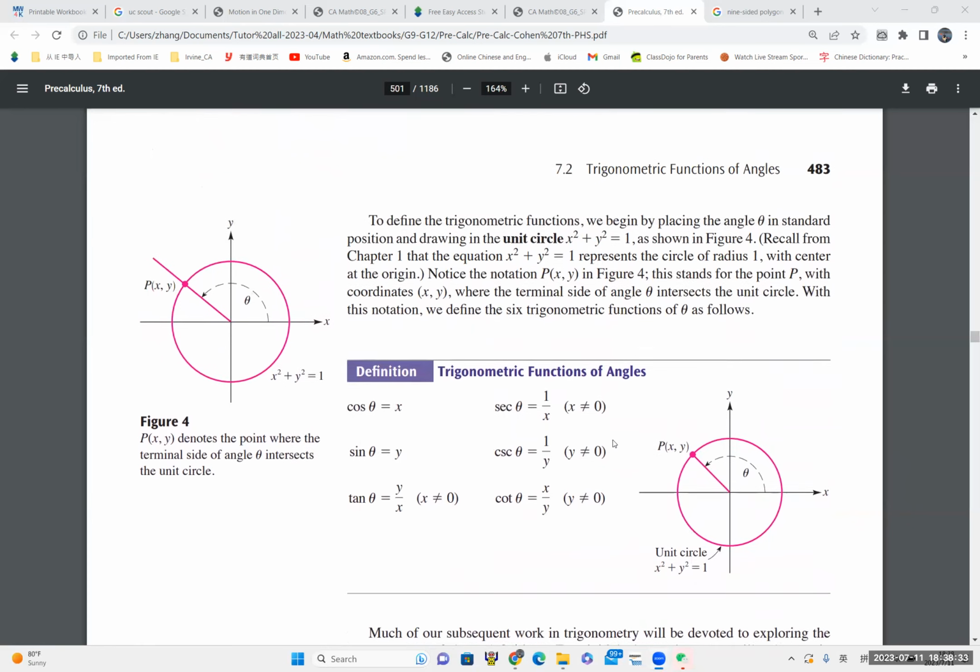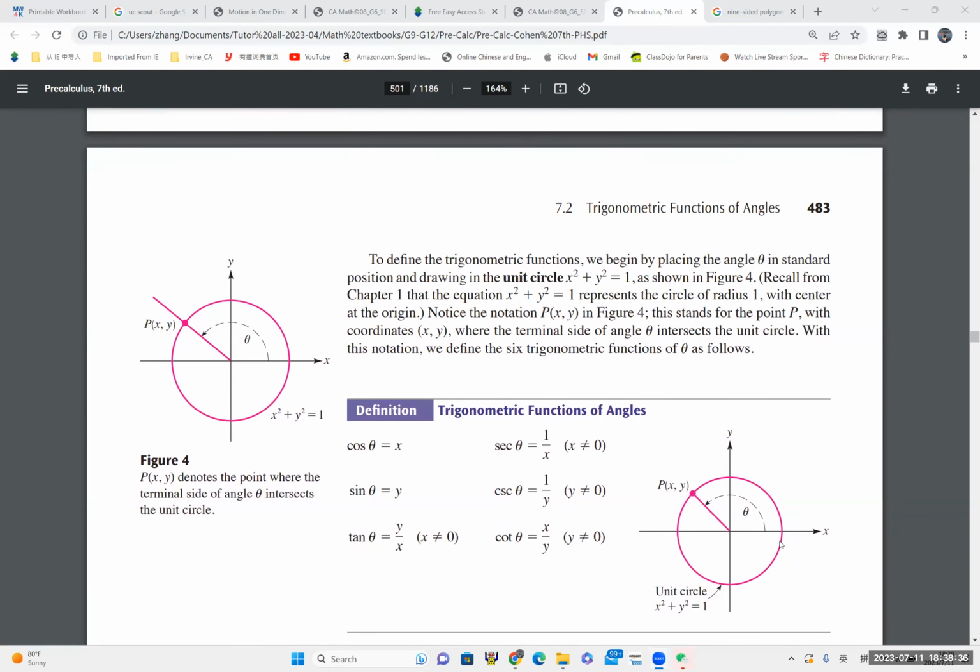Yeah, so through the definition in the unit circle, the angle theta can be any value from negative infinity to infinity. Another thing is normally we like to use theta in radian measurement. In this way, we don't have a unit like 30 degrees. It's just a pure number, 1 pi, 2 pi, like this.